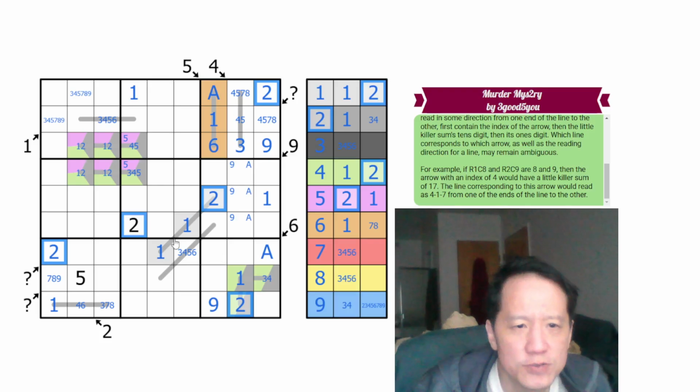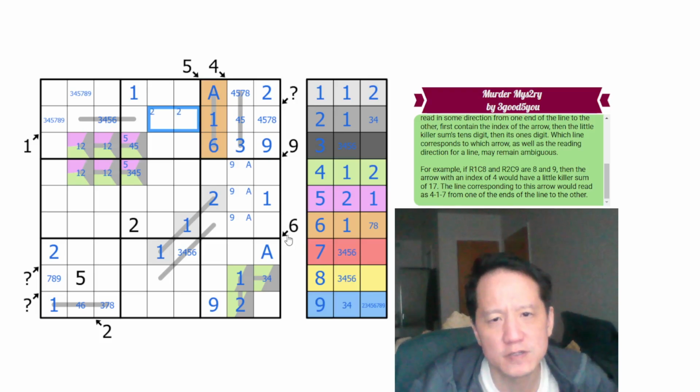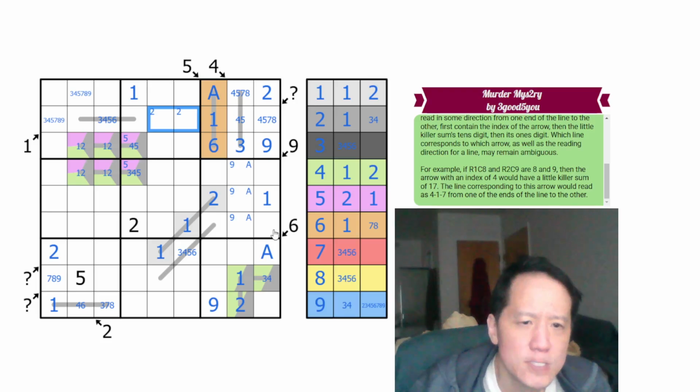Where are the 2's then? This is 1 and 2, so 2 has to be one of these cells. So 2 cannot be any of the remainders here, right?